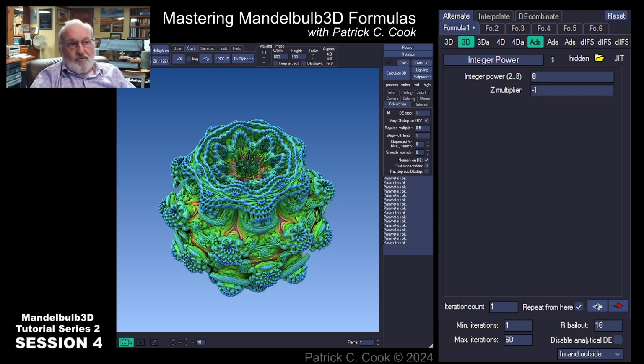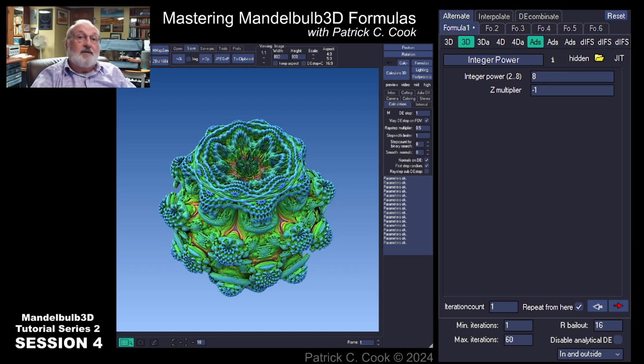Below that, we have properties, parameters, or options, whatever you want to call it. I had mentioned that these are formula control operators, probably as good a term as any.